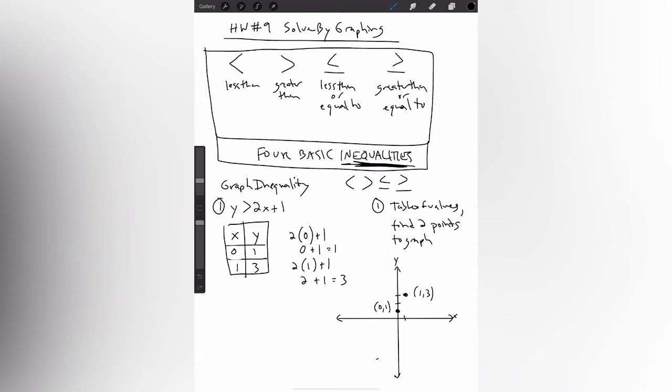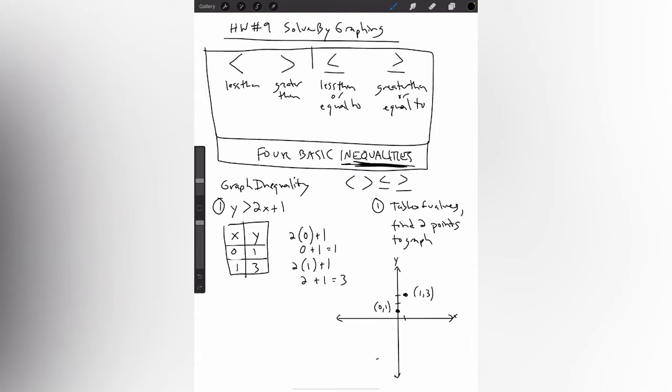And something to know about inequalities. The same way as when we were graphing inequalities on a number line, when we're graphing inequalities on a coordinate plane like this, we have to realize a few things.